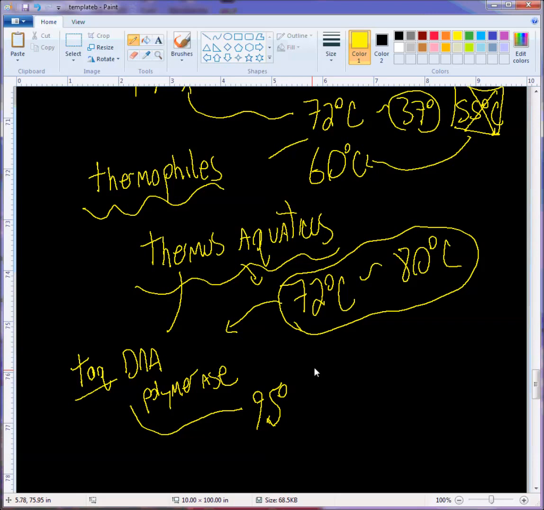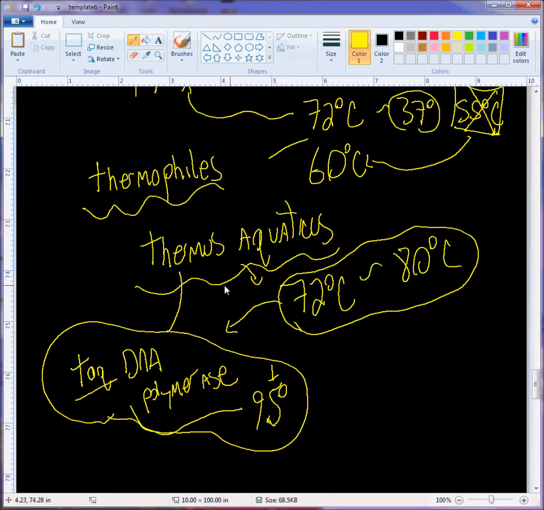So the discovery of this polymerase allowed PCR to happen, because it needs to work at those high temperatures in order to denature the DNA to allow multiple cycles to occur, and to have the primers annealing at the right spots on the target during the annealing step. So the polymerase needs to be able to survive at this high temperature.